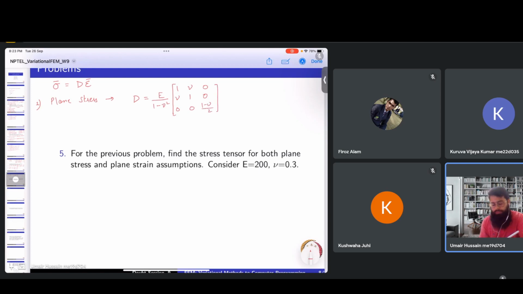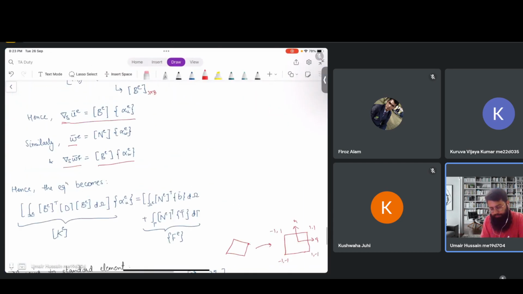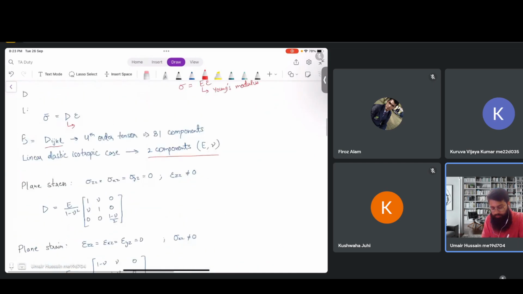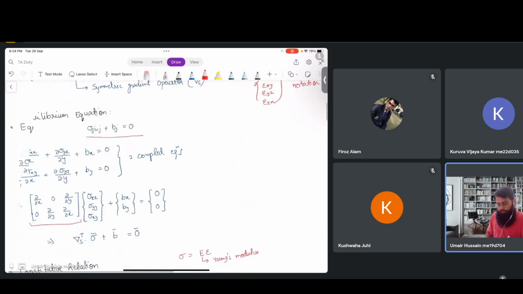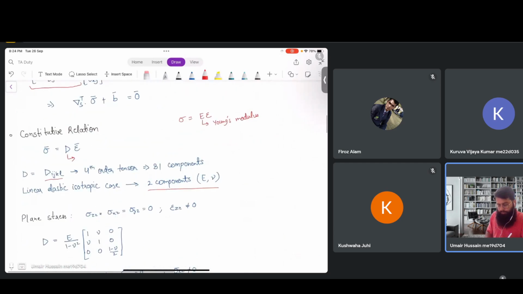Can someone correct me if this is wrong? Yes, it matches. Yeah, I think this is correct.